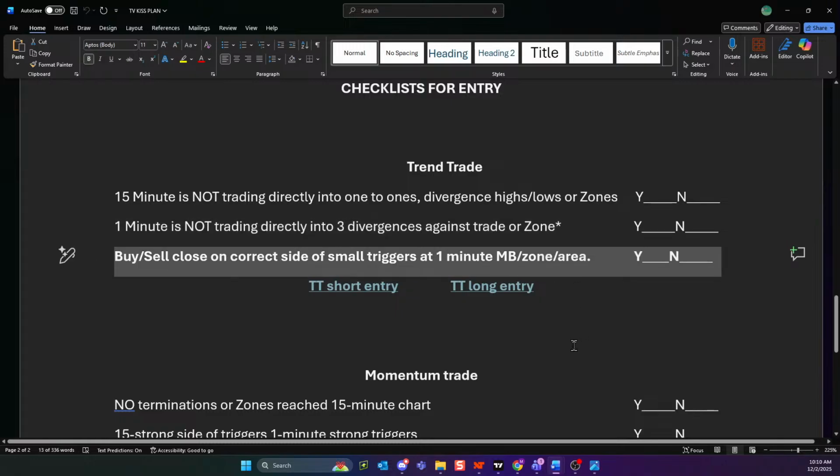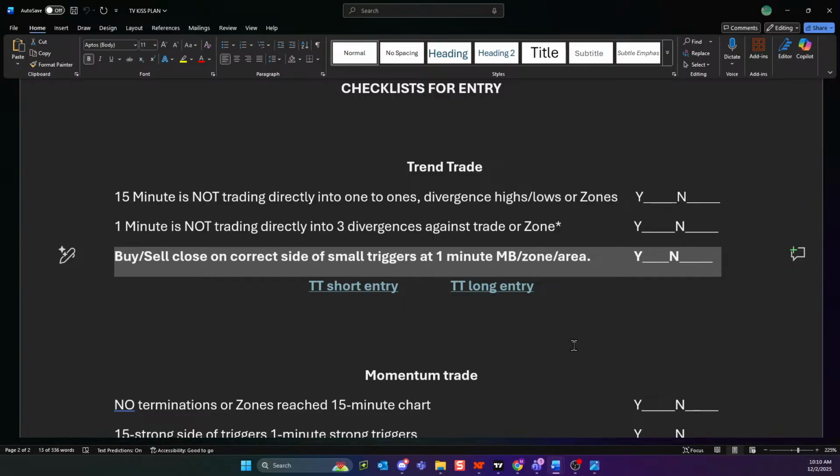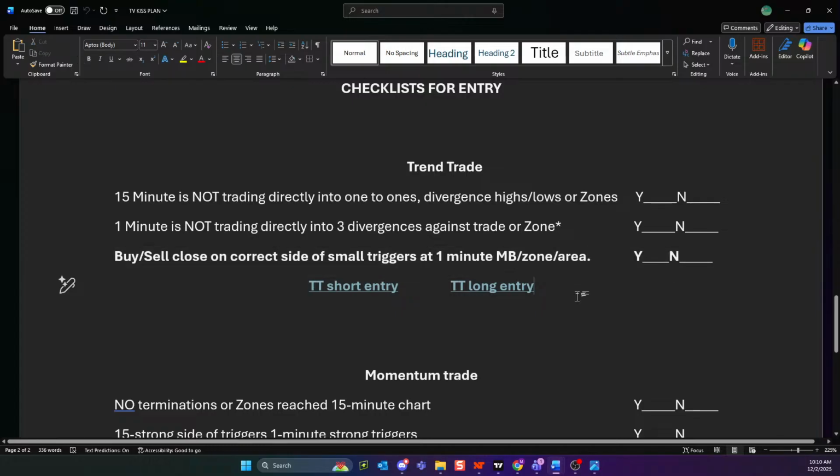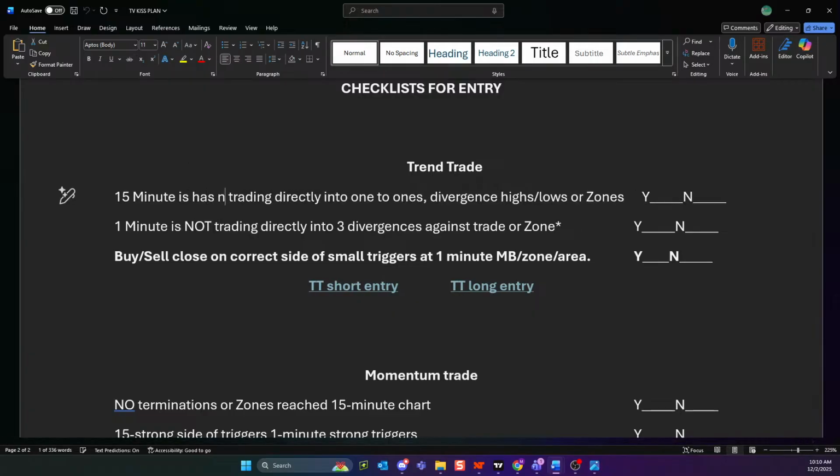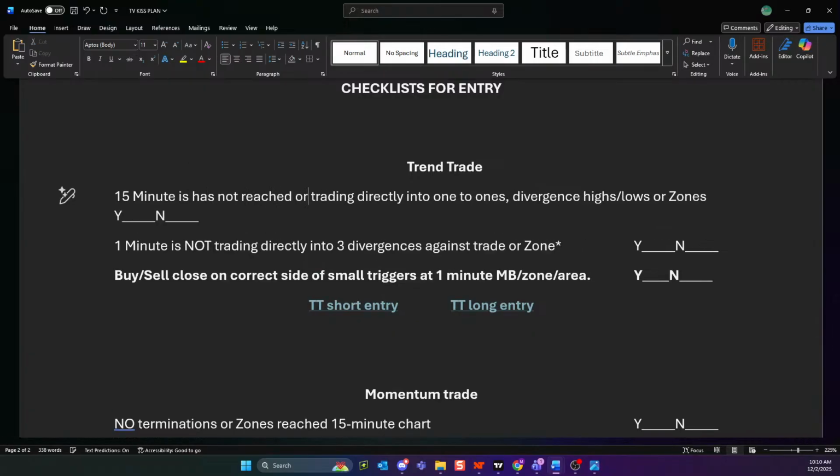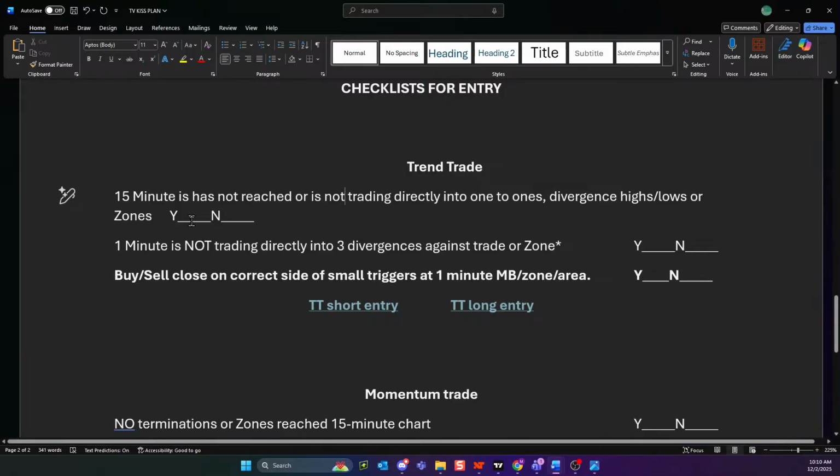That is the I'm on simulator, I'm learning to read my indicators, take them all, we'll sort them out. Jen's plan may say 15-minute has not reached or is not trading directly into zones, right? And now there's the Jen addendum, where Jen says, I'm not comfortable trading into it.